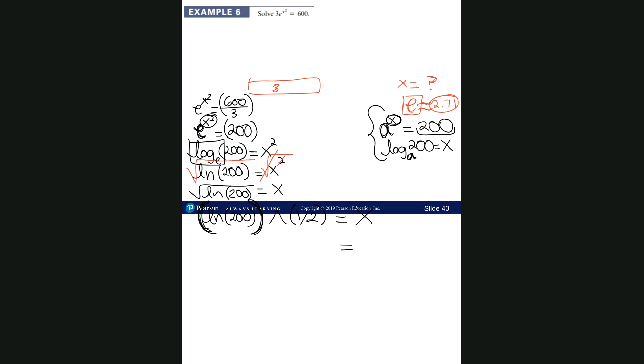And so x will be approximately, I need to find that with my calculator. So that will be the square root of the natural log of 200, it will be 2.302 if we were to round to 3 decimal places.